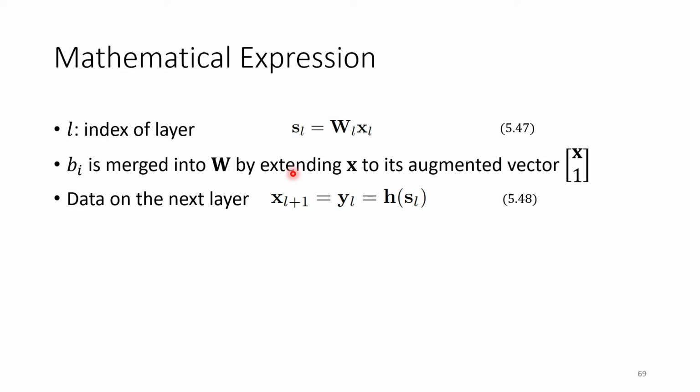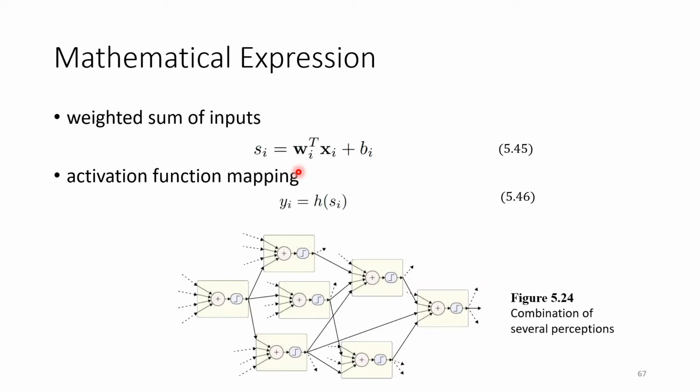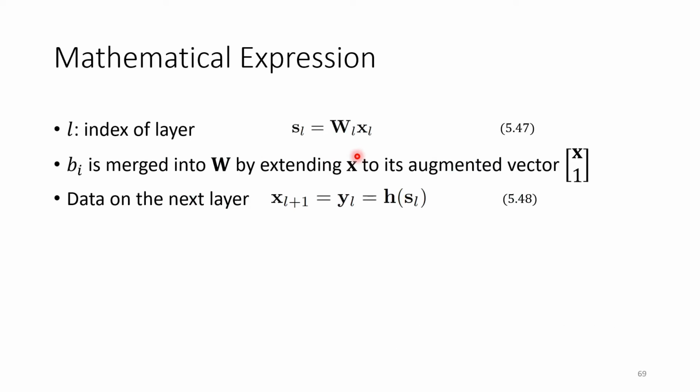Okay, and here you will see, where is the b from equation 5.45? There is a b there, but here the b disappears. Why? The reason is b can be merged into the W matrix, because if we extend the vector x into its augmented vector, it means we add one more constant 1 at the end of the vector.